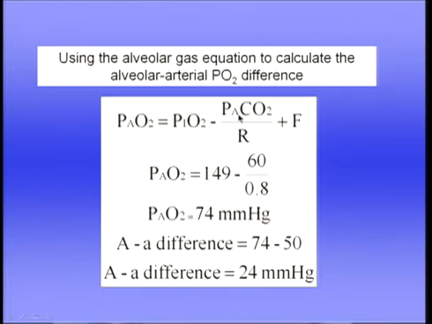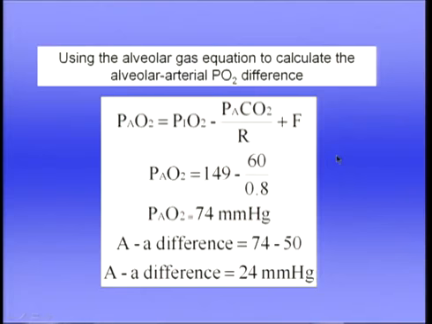Now, what are we going to use for the alveolar PCO2? You may say there's no such value. We've just shown that changing the ventilation perfusion ratio changes the PCO2 in any lung unit. Well, what we do is we use what's called the ideal alveolar PCO2. That's the PCO2 that the lung would have if it was exchanging gas at the same respiratory exchange ratio here, and it was normal.